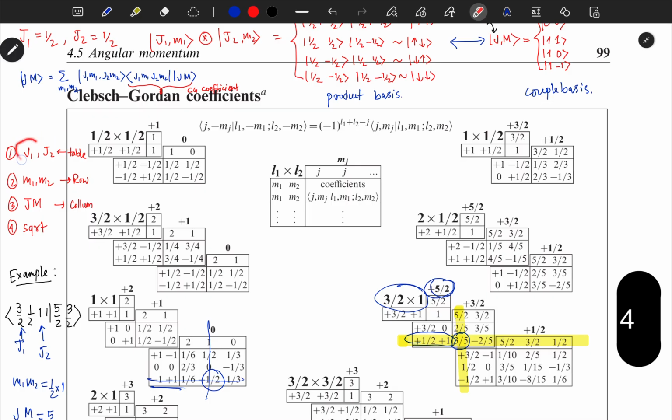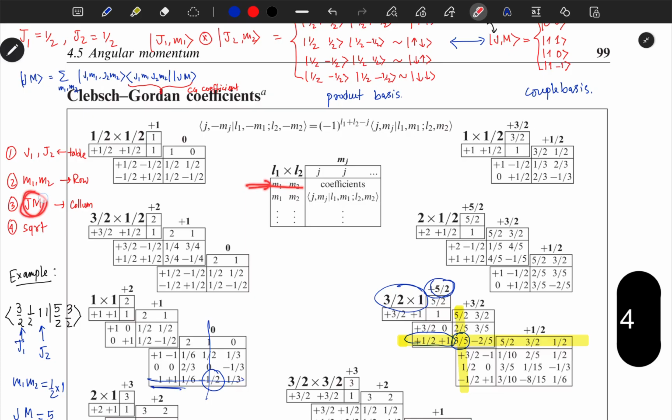First, J1, J2, identify the table. So this is the J1 or L1, L2. So J1, J2 we have to search first, then M1, M2 will decide the row. So for that particular M1, M2 we will search.